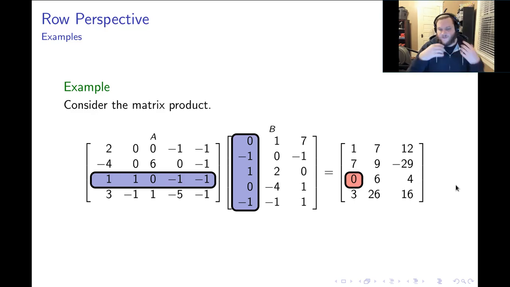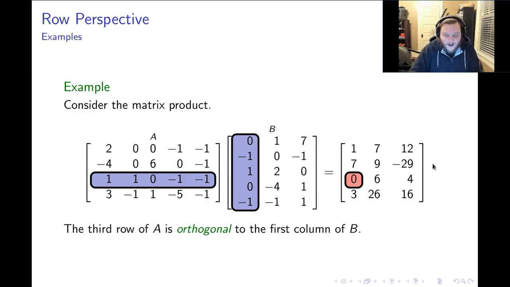So it's useful to keep in mind that since we're using inner products from this perspective to build each entry of our matrix product, that actually does contain geometric data. Whether or not that happens to be interesting is a whole other point, but it is there. So the punchline here is we found a 0 in the 3, 1 position, which tells us that the third row of A is orthogonal to the first column of B.